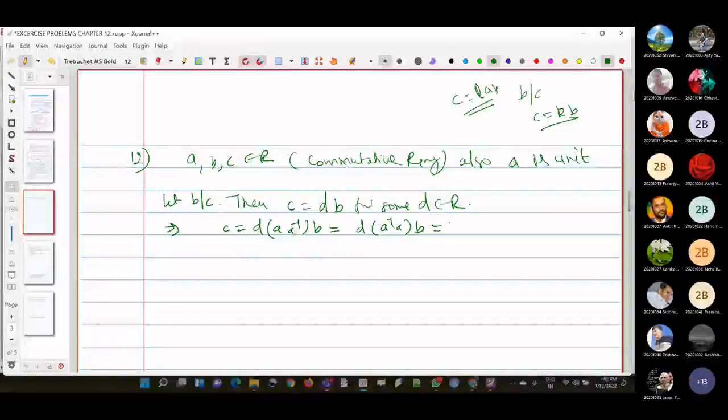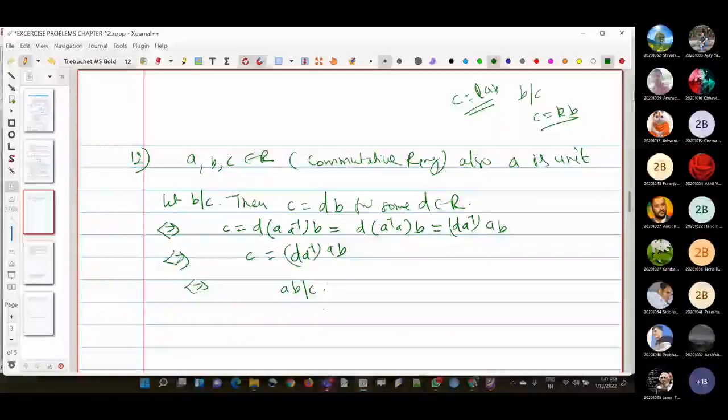Then we can take D A inverse and here AB. So C becomes D A inverse times AB, and this implies that AB divides C.